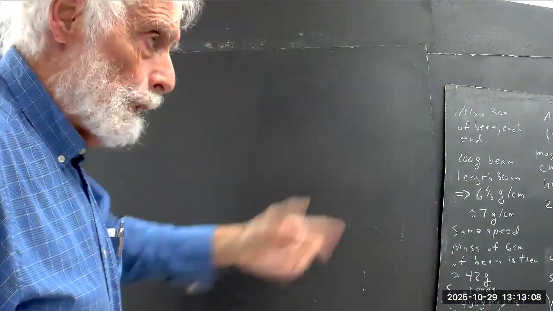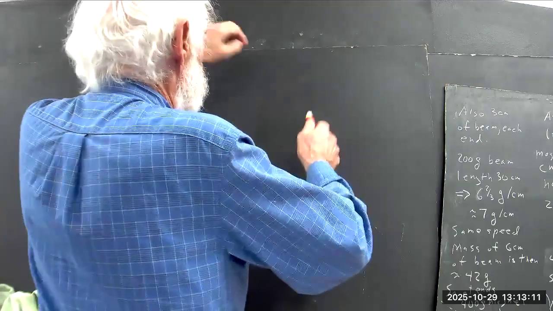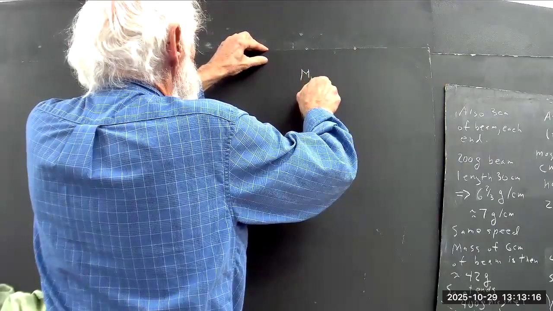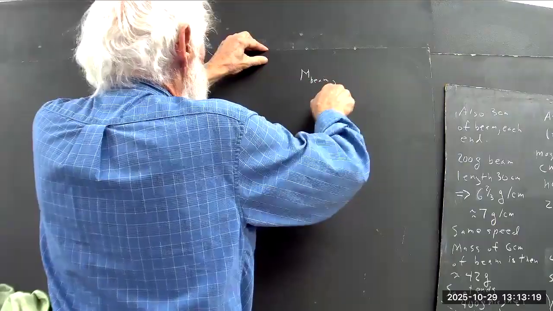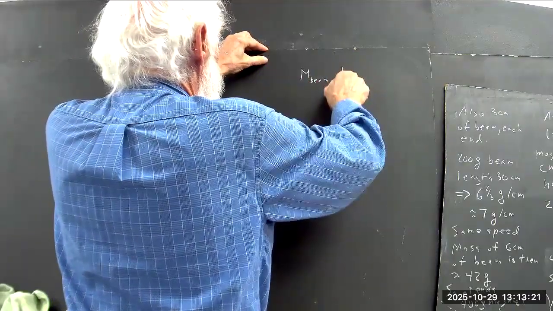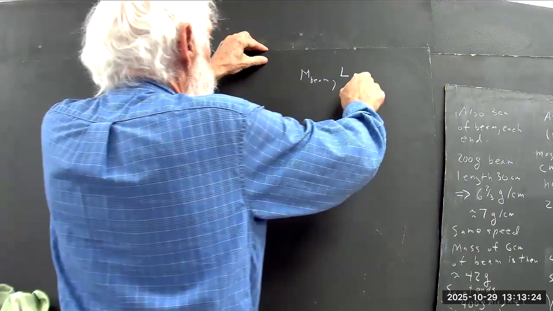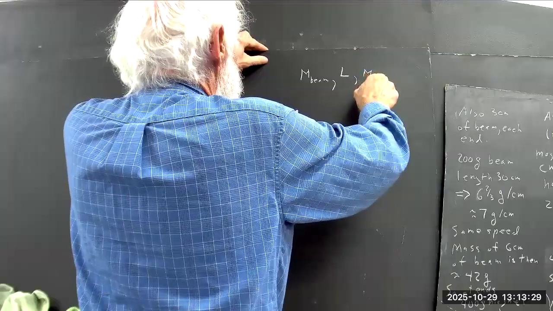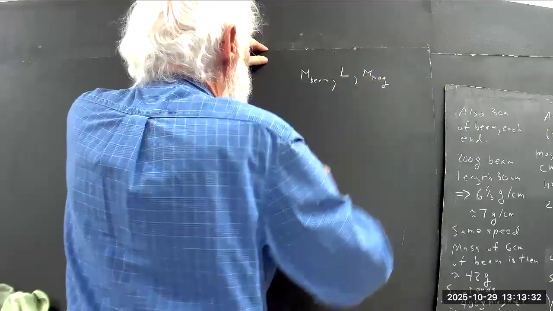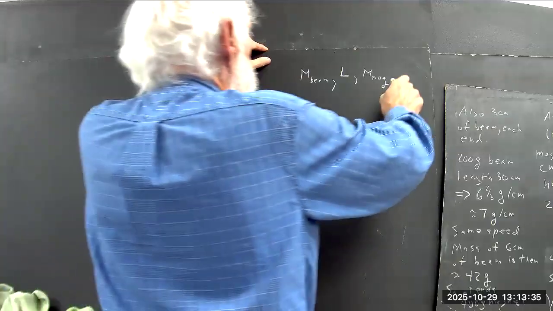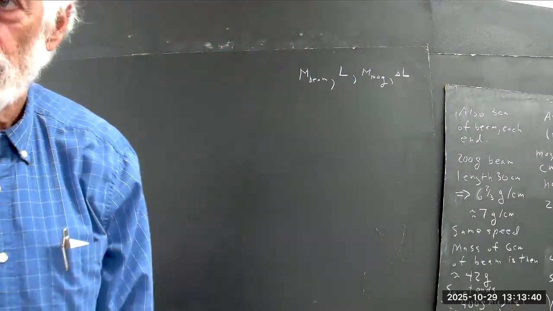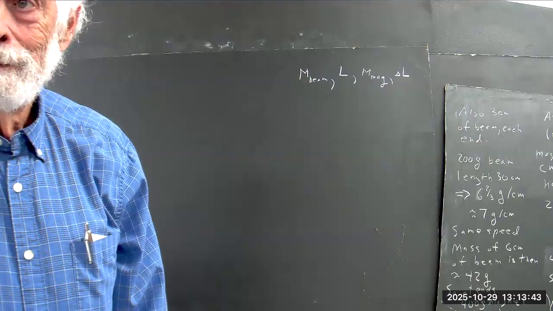Okay, well, now I'm just doing the magnets at the end. We've got the mass of the beam, L, the length of the beam, M, magnets, and L, the length of the beam segment that we're going to take into consideration.